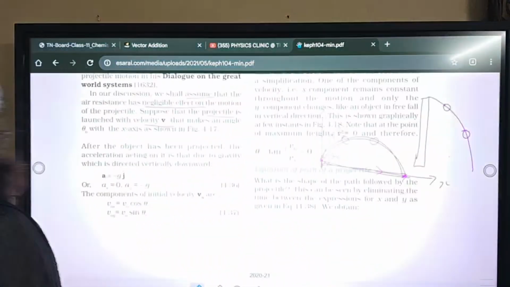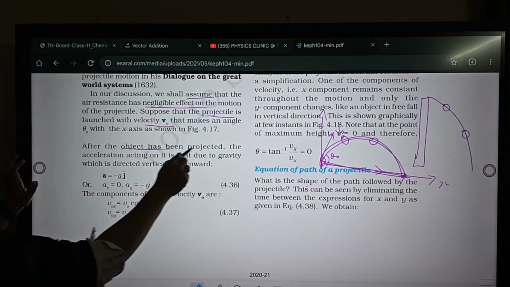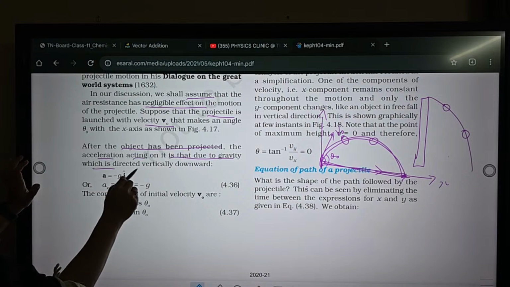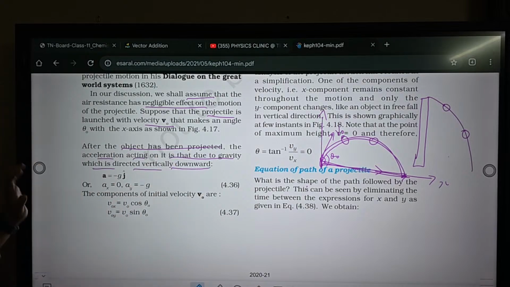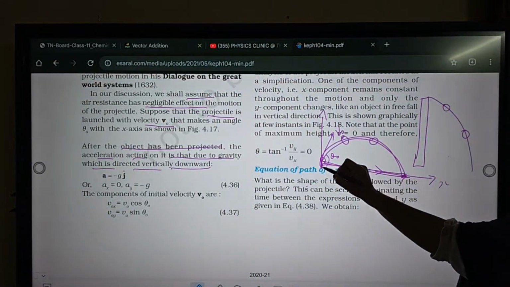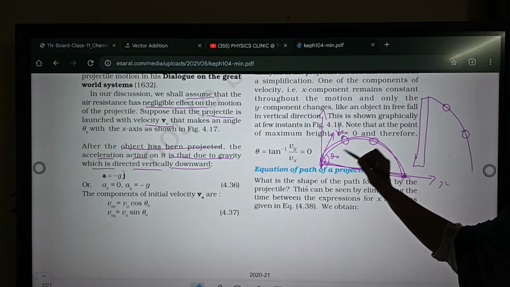Then what it says: after the object has been projected, the acceleration acting on it is that due to gravity, which is directed vertically downwards, right or not? Here, if it starts, the acceleration begins, and it is constant.